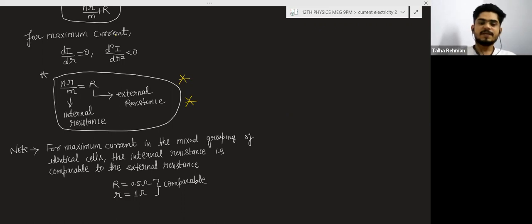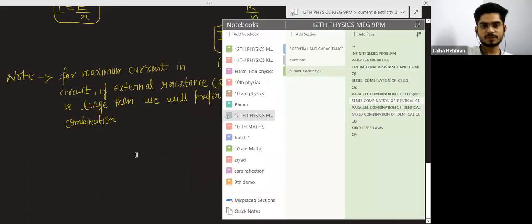You will say the internal resistance of the circuit should be comparable or equal to the external resistance of the circuit. Then we will get the maximum current in the circuit. We discussed this in series combination also.